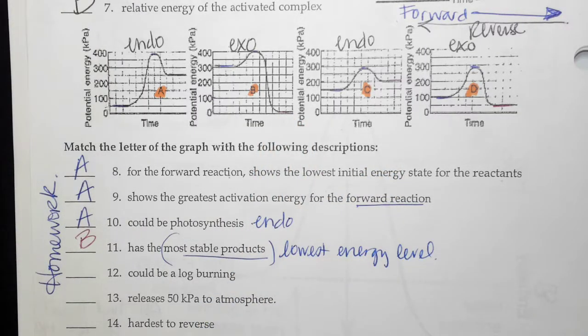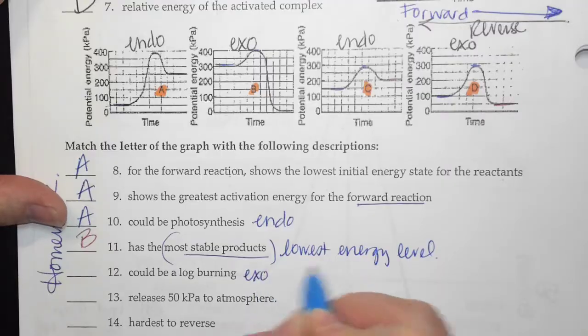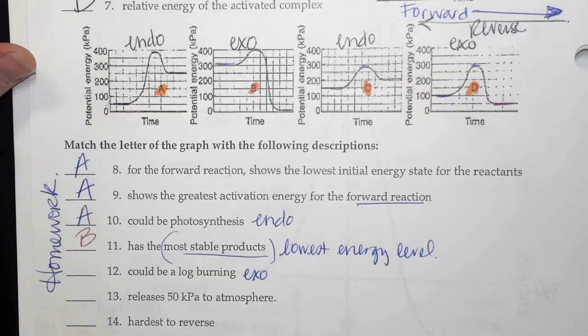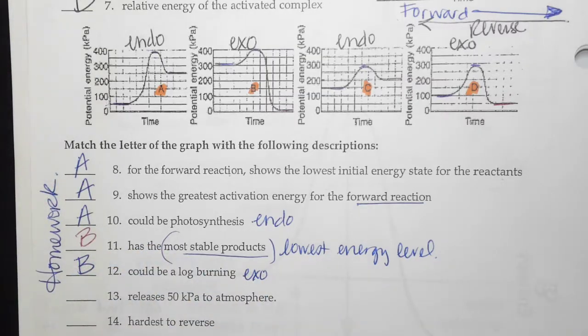All right, number 12. Trevor, log burning, endo or exo? Exo. Not just hot, we are on fire, so we are very exothermic. And which reaction is the most exothermic? B. B is. And apparently this worksheet really likes to use only 2 graphs. All right, number 13. Cade, number 13 requires us to do some math.